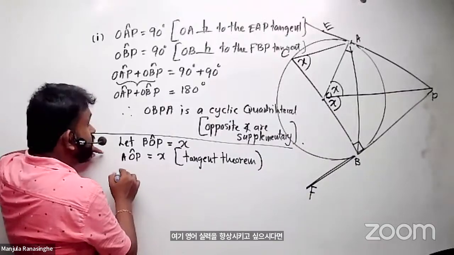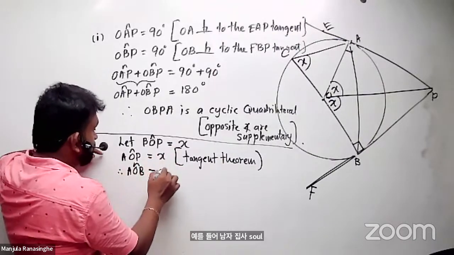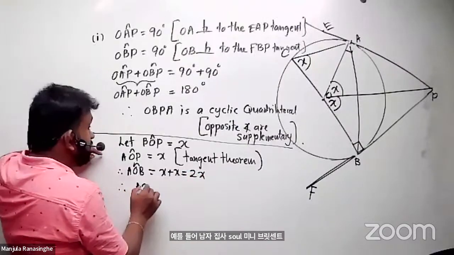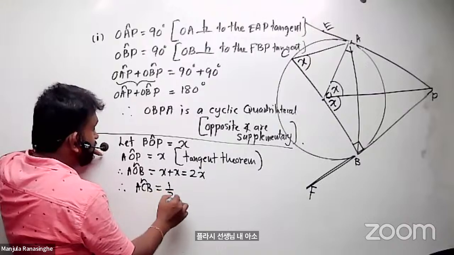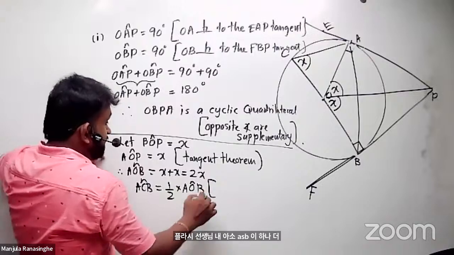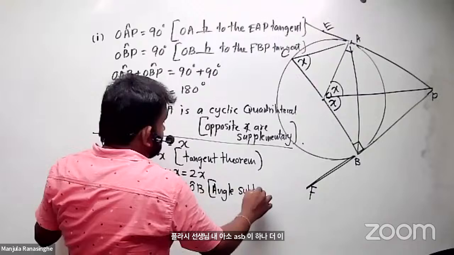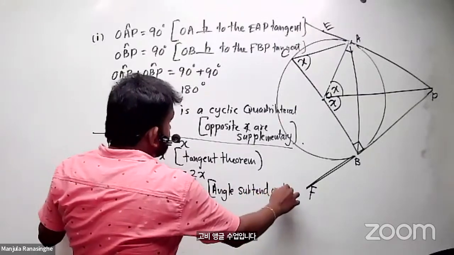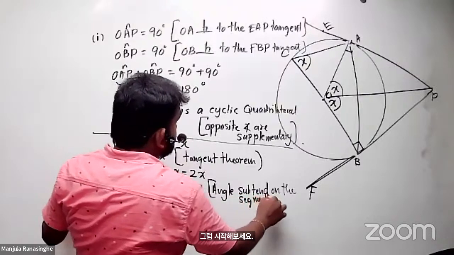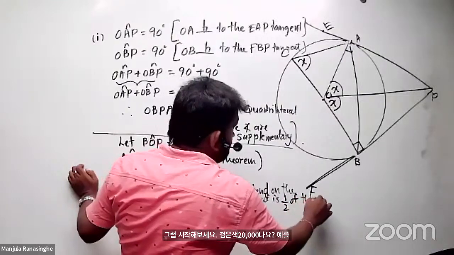Then you can now write AOB equals x plus x, equals 2x. Therefore, ACB equals half of angle AOB. The angle subtended on the segment is half of the angle subtended at the center.